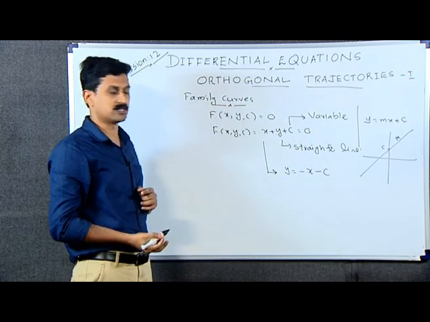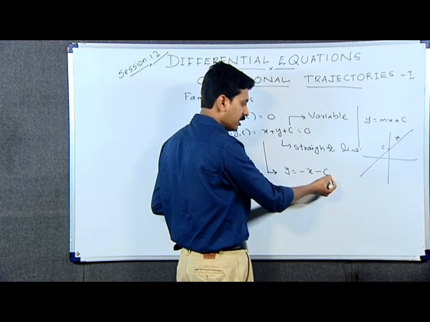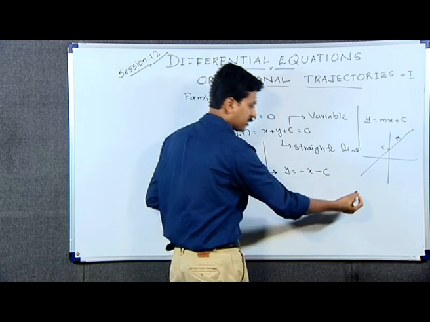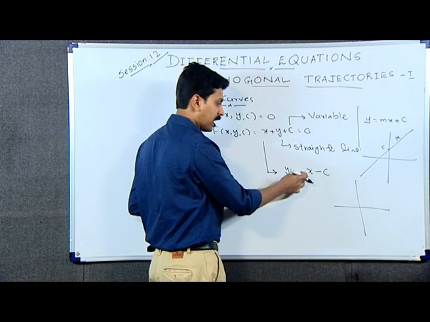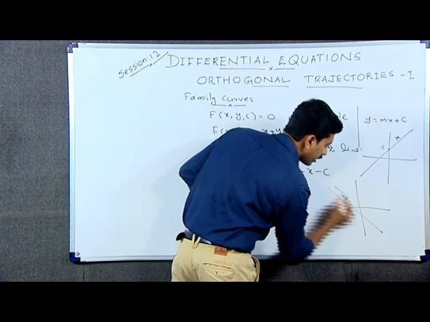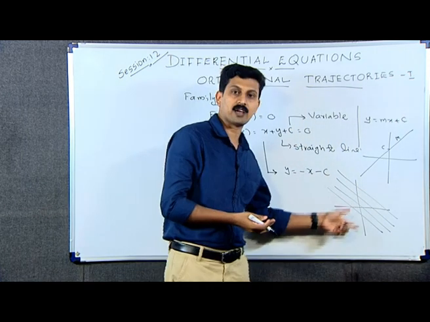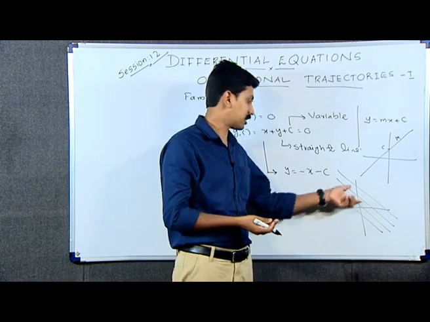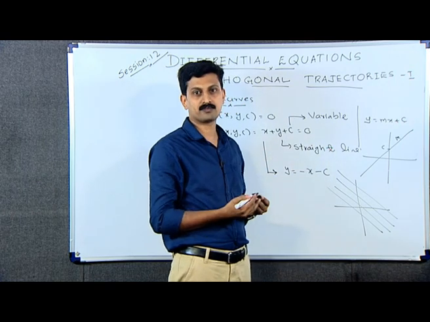Based on the value of c we decide the y intercept, and here the slope is negative 1. So if we treat c as a variable, we get a bunch of lines, a system of lines, a collection of lines, that are the family of curves.